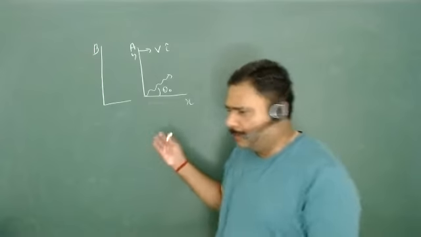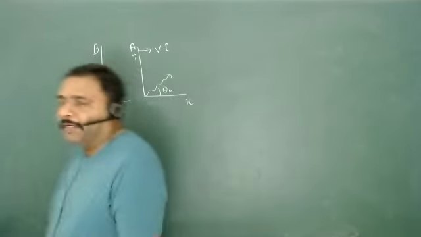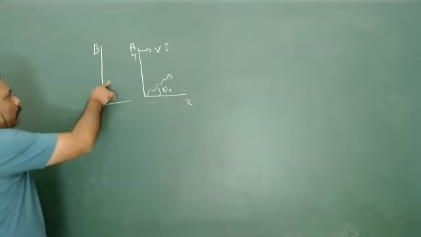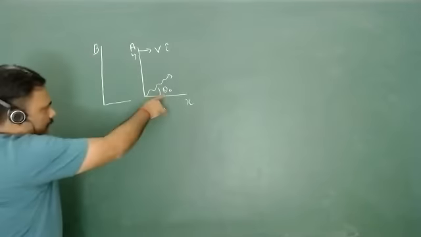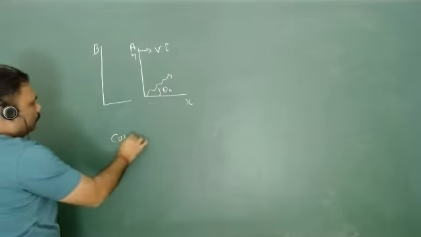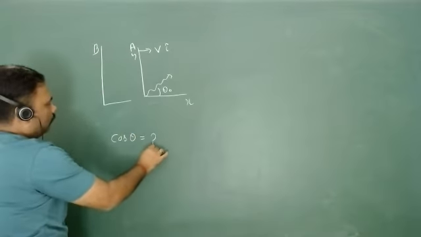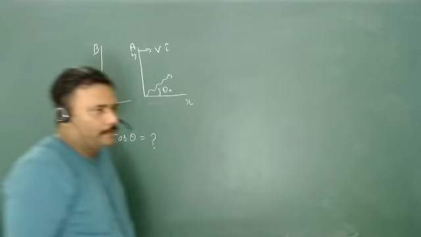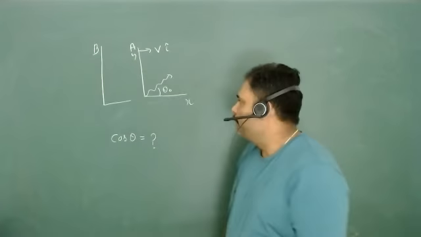Okay, and this question is from a TIFR examination. They have asked in the examination, if the observer attached to B sees this angle theta, then find the value of cos theta. But we will just explore all this story. What is going to happen?